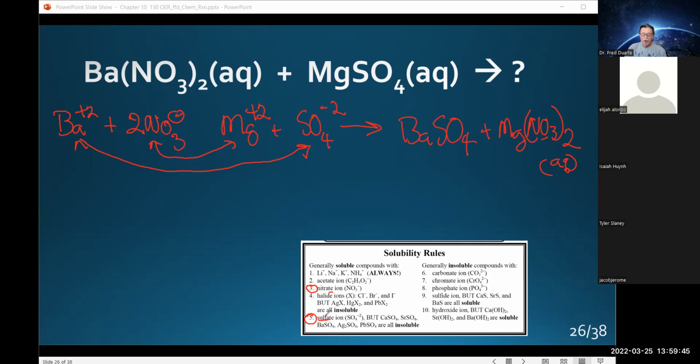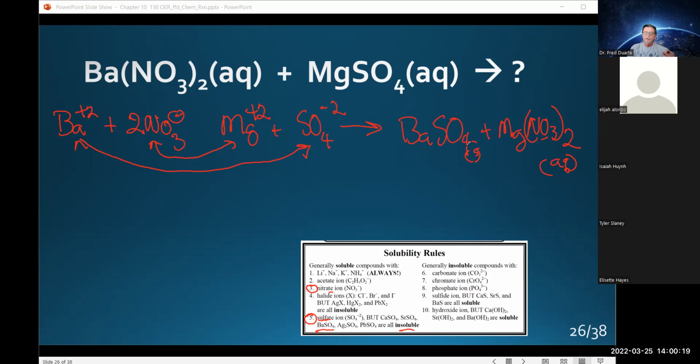Normally, sulfate ions are soluble regardless of what the metal is, but there are 5 exceptions, of which one of them, barium sulfate, is insoluble. So that means this new barium sulfate is insoluble, and I put an S there. What that tells you is that this reaction is positive because the new product, barium sulfate, is insoluble. Okay, and so that's our new products.